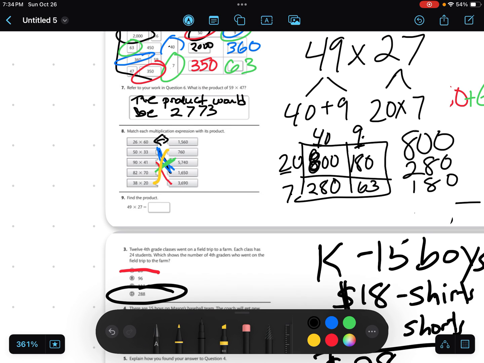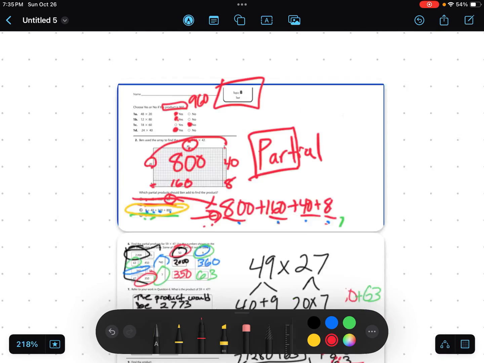I always say it's tedious, it takes time, but you probably will get a better answer that way. 8 plus 8 equals 16, 17, 18, 19, 20, 21, 22. And then 8 plus 2 equals 10, 11, 12, 13. 1,000, and then you'd have to write it, 1,323.